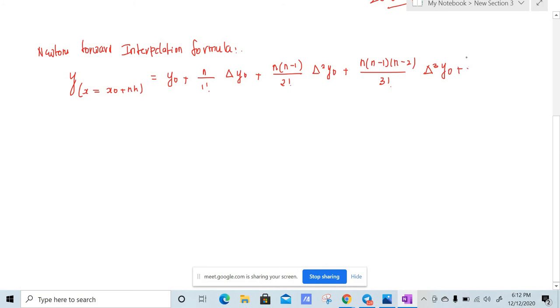The next term will be n into n minus 1, n minus 2, n minus 3 divided by 4 factorial into del power 4 y naught. So it will go on and on, right? So this is the formula for Newton forward interpolation formula, right?